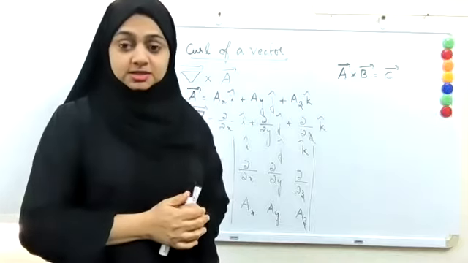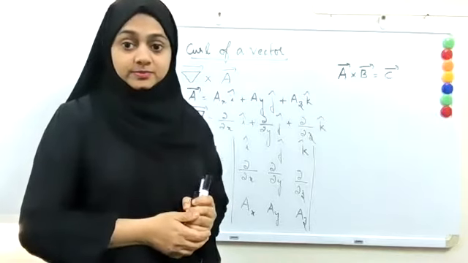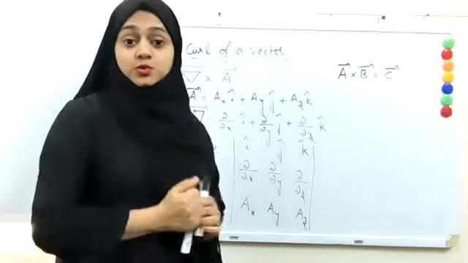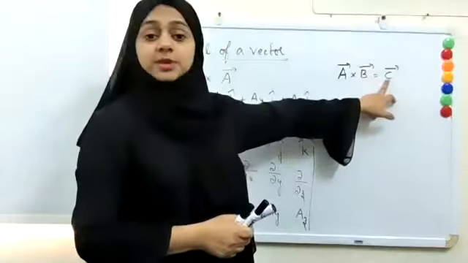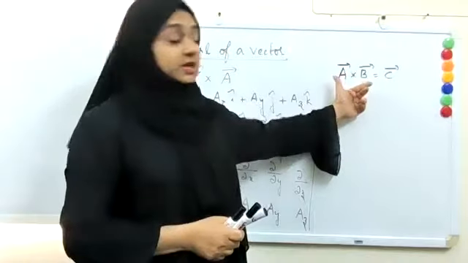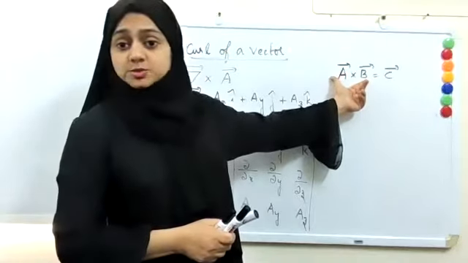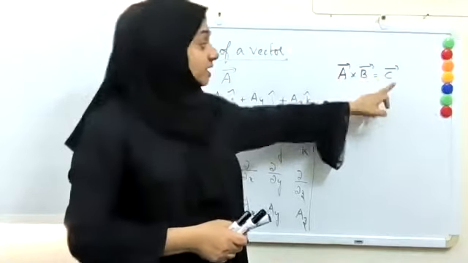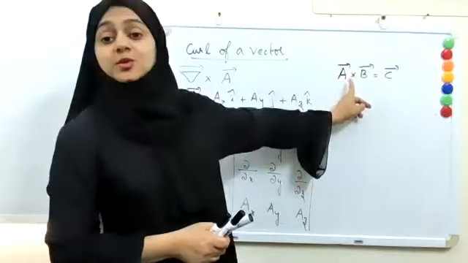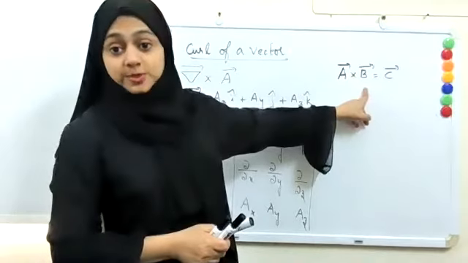Yes, right hand screw rule. So what about C? Will it be in the same plane as A and B? No. Vector C will be perpendicular to both A and B.